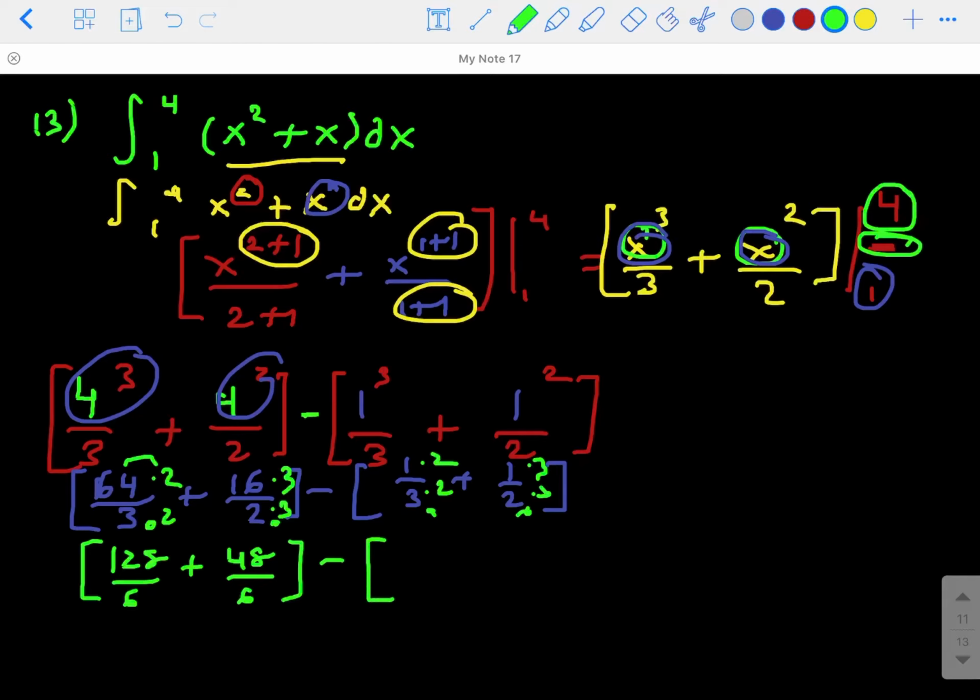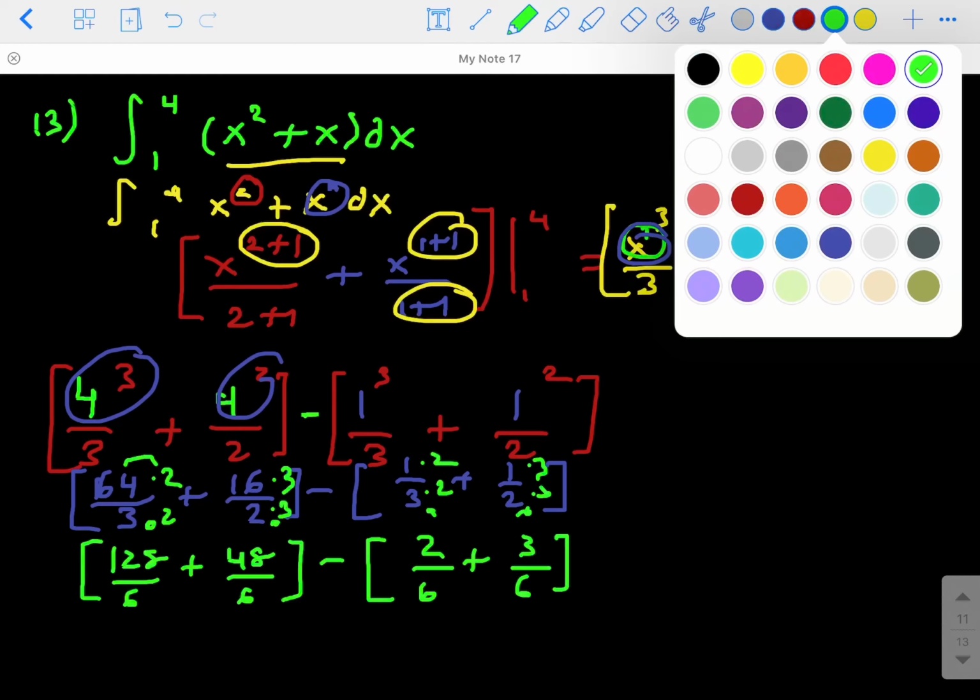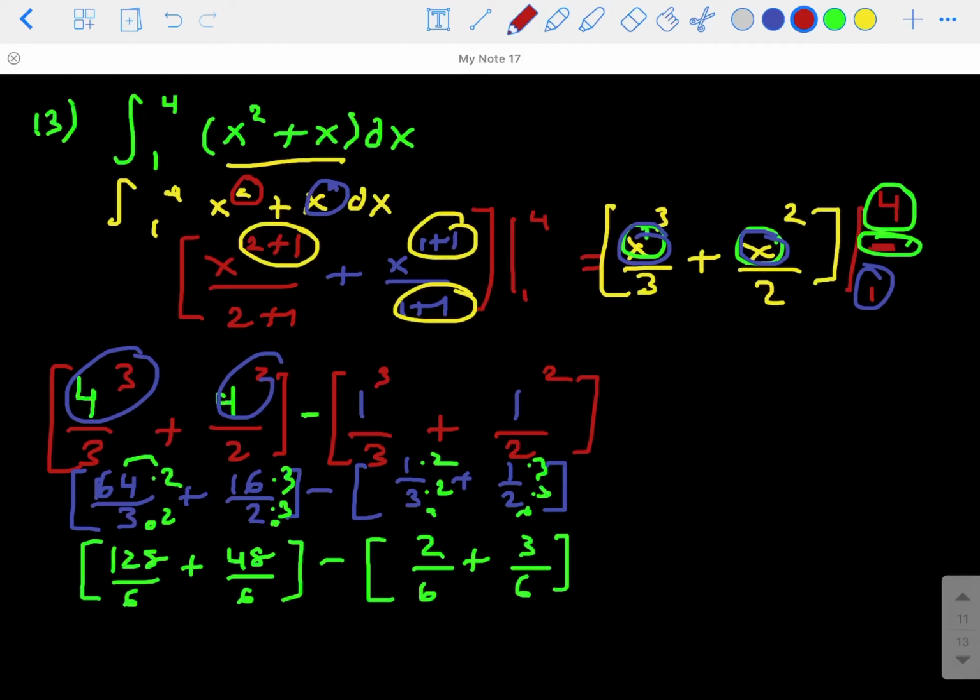Subtracted by, this is 2 over 6 plus 3 over 6. And again, careful calculations. This is 176 subtracted by 5 over 6, which in the end will become 171 over 6.